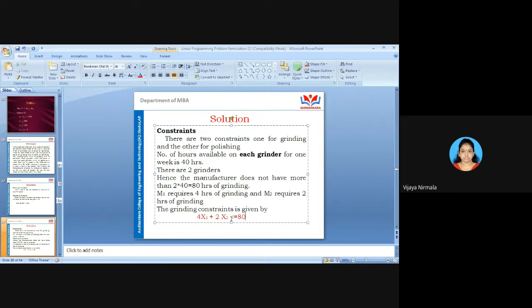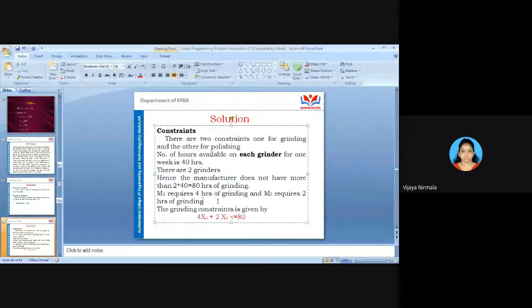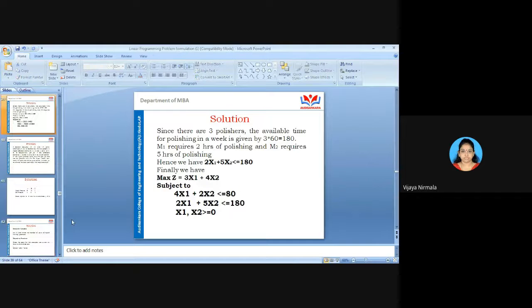If we want to write greater than or equal to, they will give in the problem that it must be at least. But here nothing is there. So at minimum it is 4x1 plus 2x2 equal to 80 or less than or equal to 80. This is how we write the constraint for grinding.